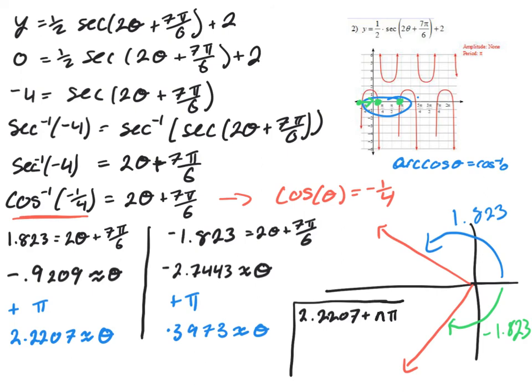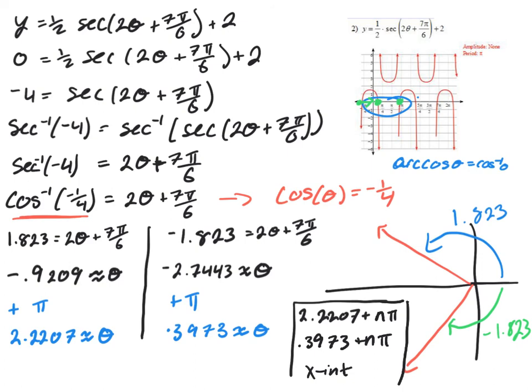Oh no, it is the period of this function here, my bad. And then we're going to look at the second one, so 0.3973 plus n pi, and those are our x-intercepts.